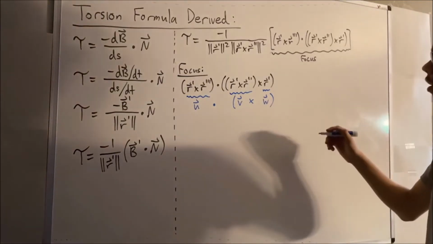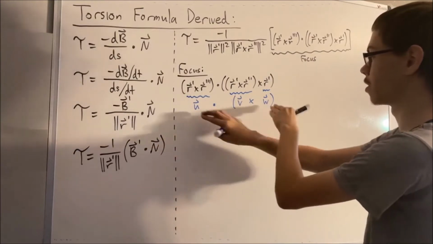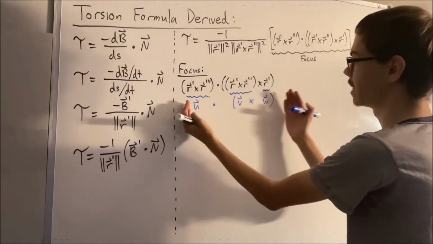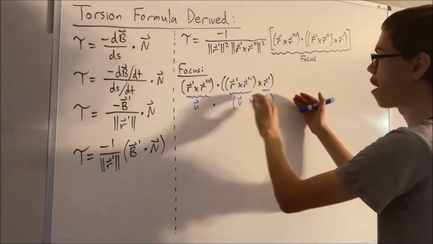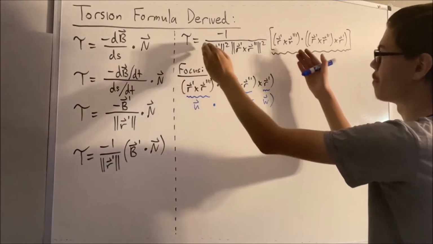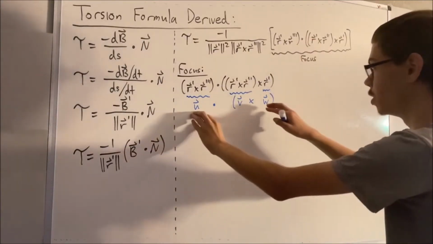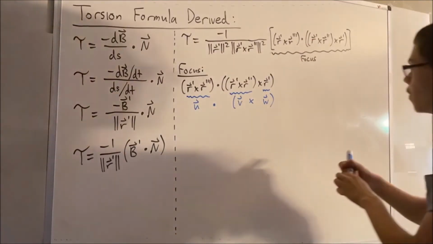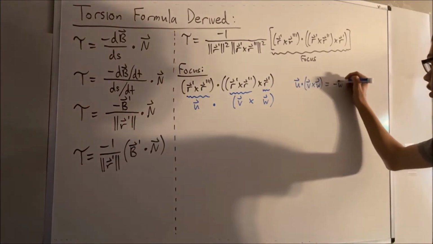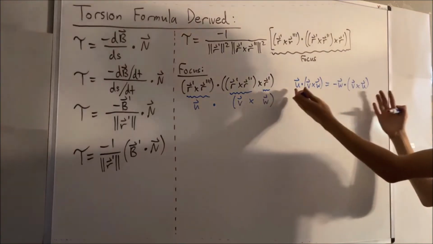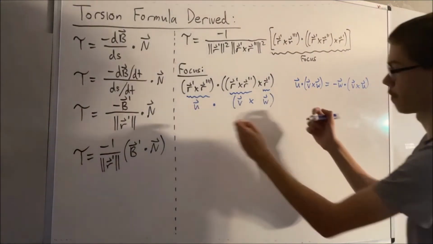So if you recall, if we interchange the positions of any two vectors, this value just becomes negated. Now we want to pull the r primes out of the dot product so we can pull out a magnitude of r prime squared. So we're going to interchange the positions of u and w. And so again, from the scalar triple product, this statement would be true. And so we're going to apply this idea to what we're doing right here.